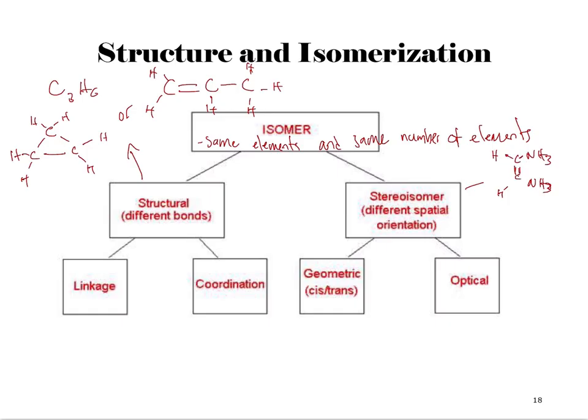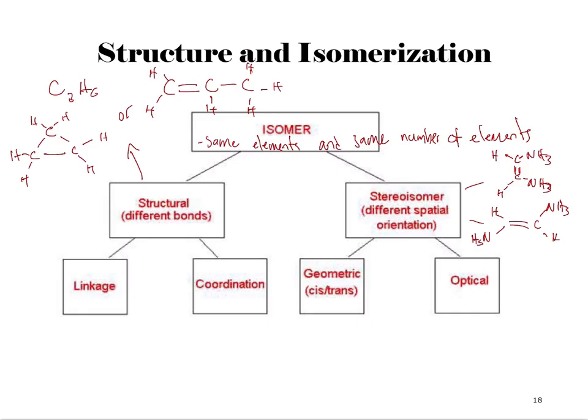Carbon, carbon, carbon. Right, so we have both the amines on the same side of this double bond. Or another way that you can draw this molecule is you can have the amines on opposite sides, right? So here, they're both on the same side of the double bond, and here they're on opposite sides of the double bond.